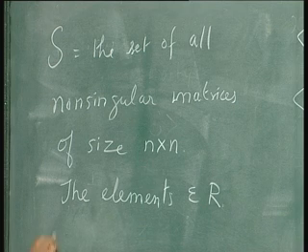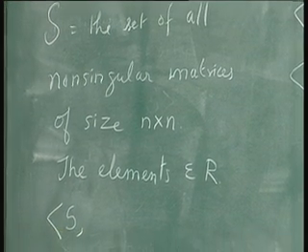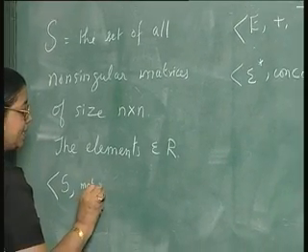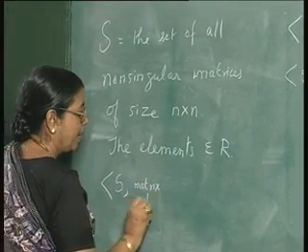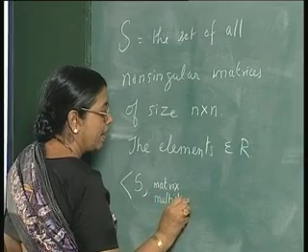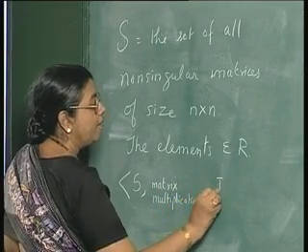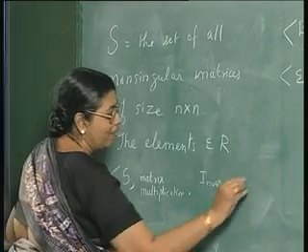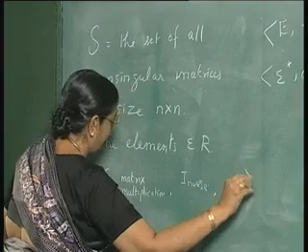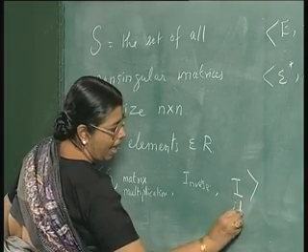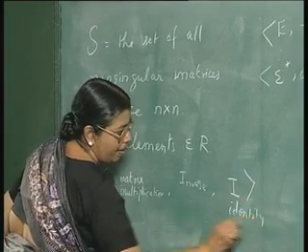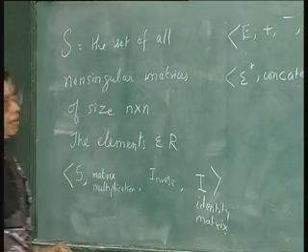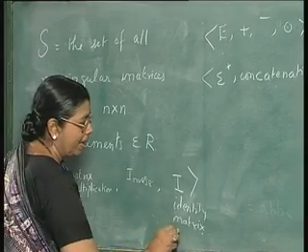Now, consider this S with the binary operation matrix multiplication, the inverse of the matrix, and the identity matrix of size n by n.